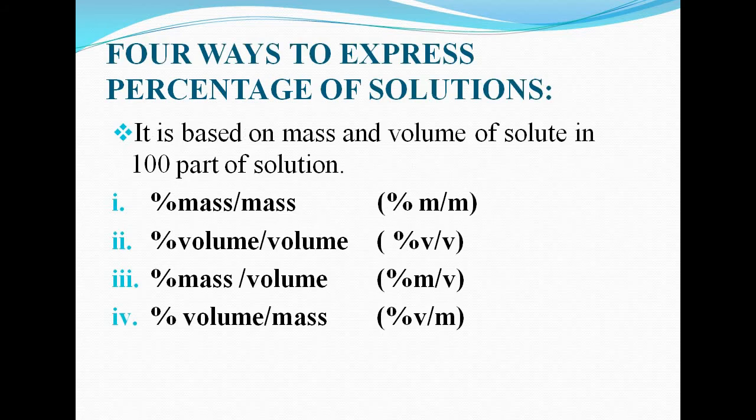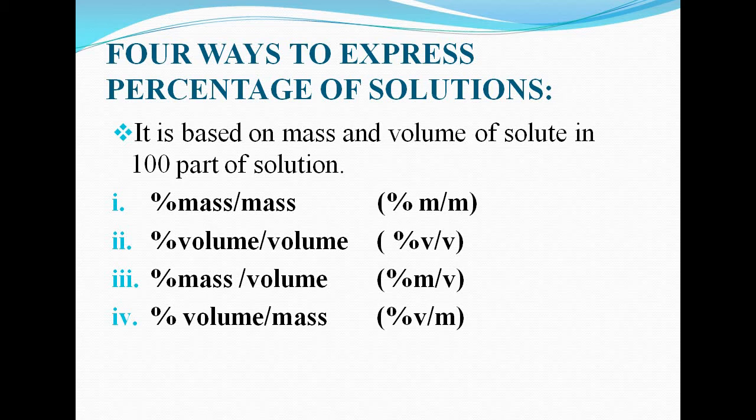So what are the four ways to express the percentage of solution? These four units are based on mass and volume of a solute in 100 parts of a solution. 100 parts of a solution means 100 gram of a solution or 100 centimeter cube of a solution.